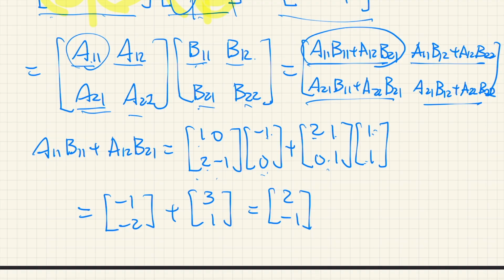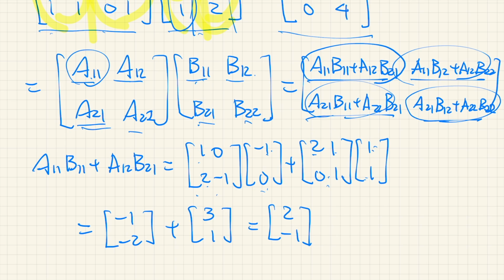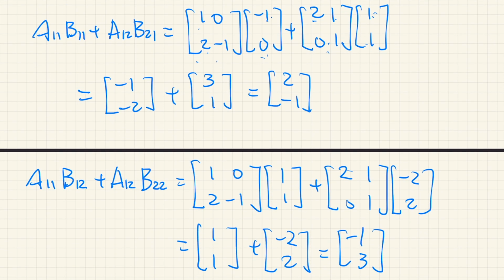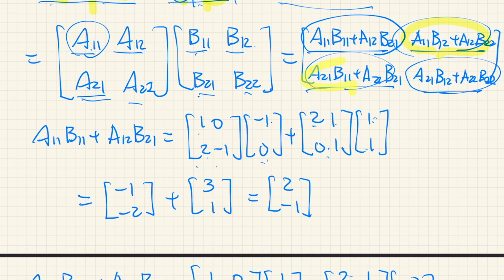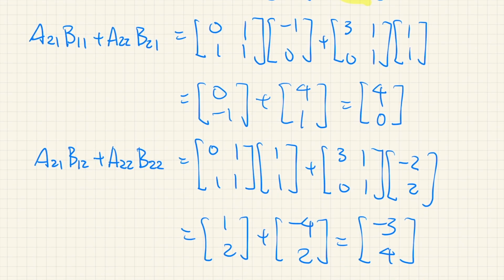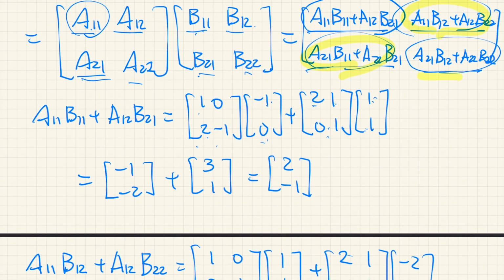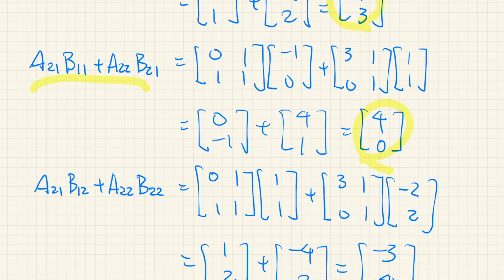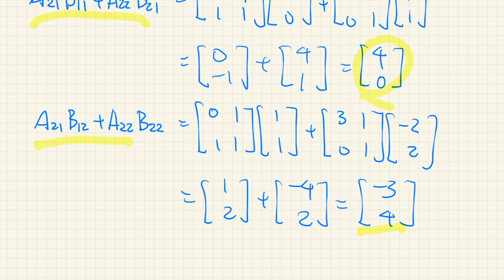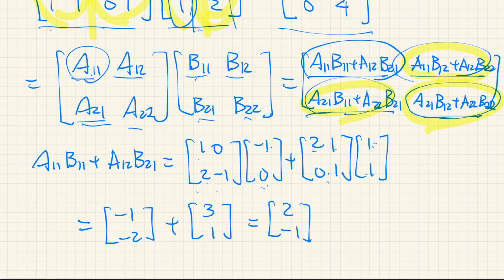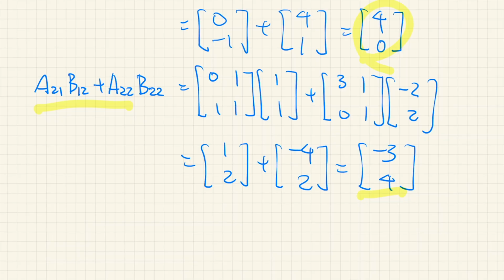And we do the same for this, this, and this. Then we have this element becomes this, and this element becomes this, and this element becomes this. So let's put them together. So we have the resulting matrix.